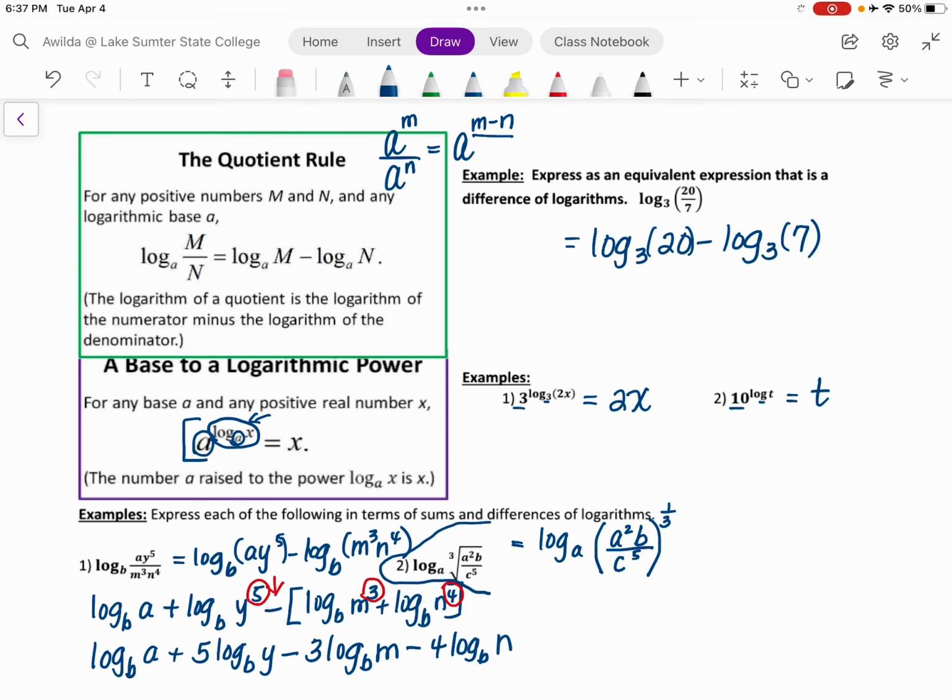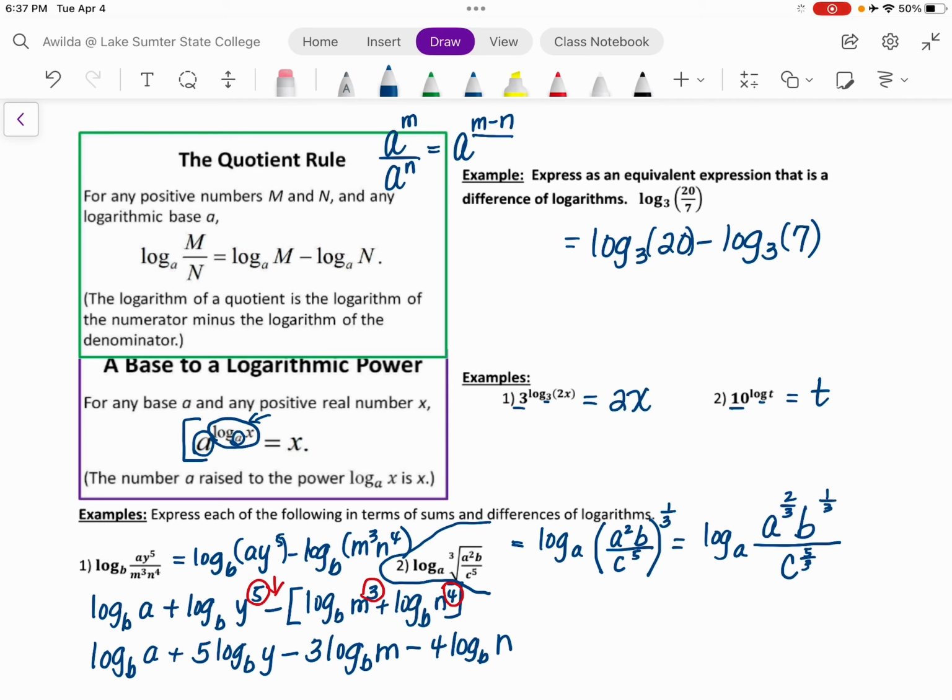I think what I'm going to do next is take each factor inside parentheses and apply the 1/3 exponent. So this will be a rule of exponents for now. Logarithm base a of a, 2 times 1/3 is 2/3. And then times b to the 1/3. And in the denominator, c to the 5th, then times 1/3, that'll be 5/3. All right.